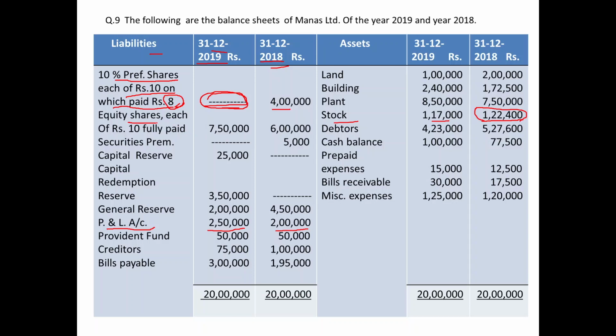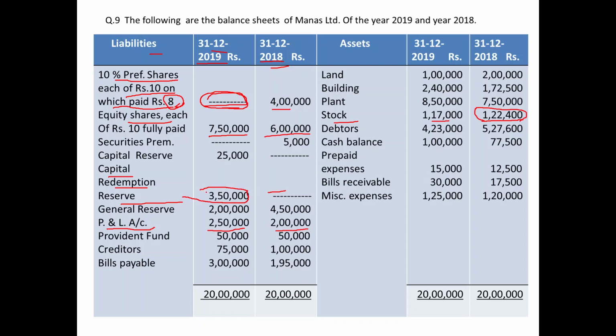See, equity share capital: 6 lakh opening balance, 7 lakh 50,000 closing balance. It means during the year the company has made a further issue of rupees 1 lakh 50,000. And this is the balance of capital redemption reserve: opening balance nil, closing balance 3 lakh 50,000.